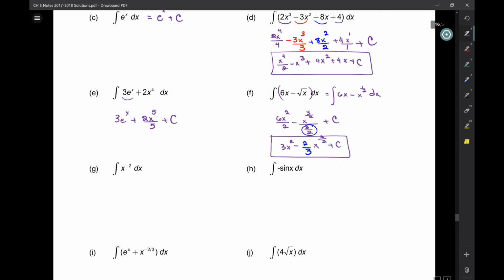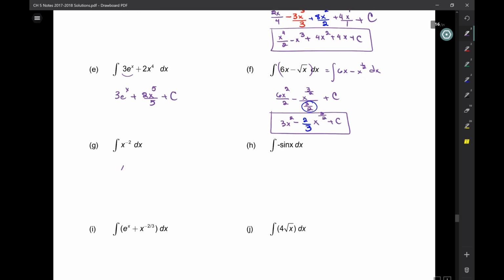Divide by 2 over 3, multiply by 3 over 2. And you'll know later that whatever the exponent is here, you'll just know to multiply it by the reciprocal of the exponent.